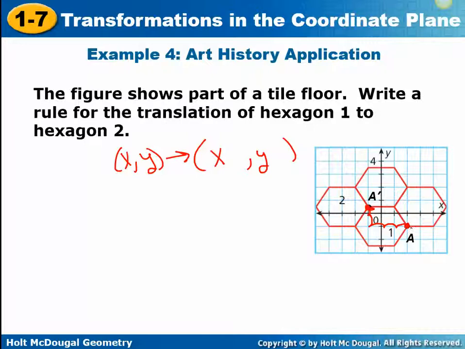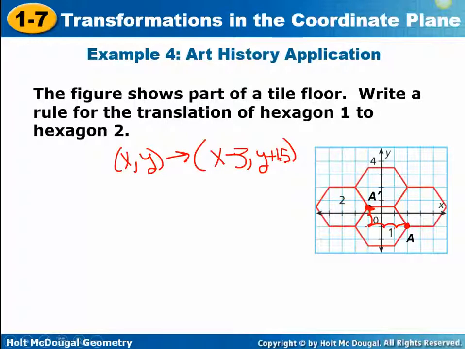So we start by going to the left, right? We can see we went to the left. We went left 1, 2, 3. So I have to subtract 3 from the x coordinate. Now I went up 1 and a little bit more. See, I didn't go up 2, I went up 1.5. So plus, I guess I'll put a decimal, 1.5.